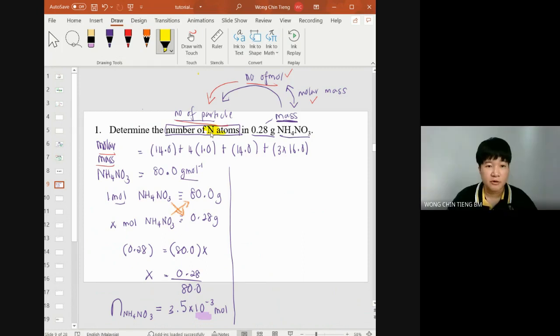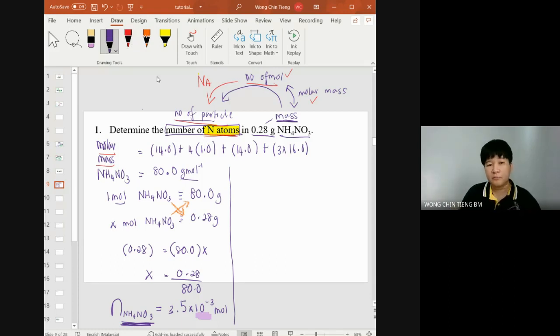Sebab soalan minta number of particles of nitrogen. So the number of mole that you have over here is ammonium nitrate. Okay? Number of mole ni adalah untuk semua NH4NO3. Soalan sebenarnya hanya minta untuk nitrogen atom. Walaupun daripada number of mole nak tukar number of particles, kita akan guna Avogadro constant sahaja. Tapi number of mole yang saya ada ni bukan number of mole yang saya nak. Betul? Saya kena cari number of mole nitrogen.